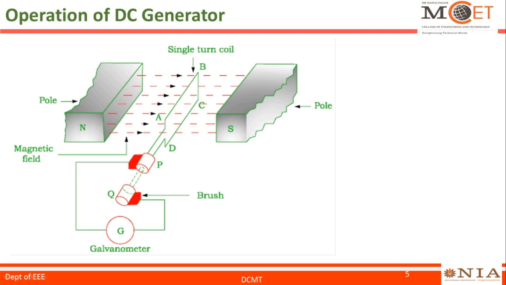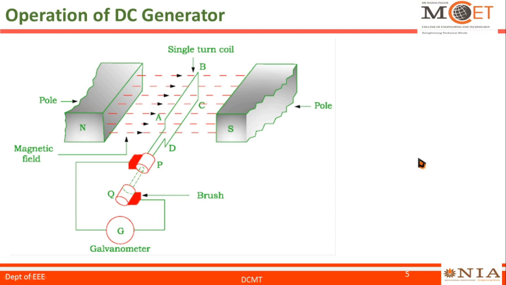EMF generated in a DC generator is alternating, because any coil side under the influence of the north pole will generate EMF in one direction, and under the influence of the south pole the same coil will generate EMF in another direction. It is very important to understand any generator will generate an alternating voltage or current internally.